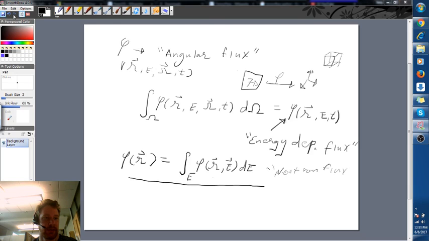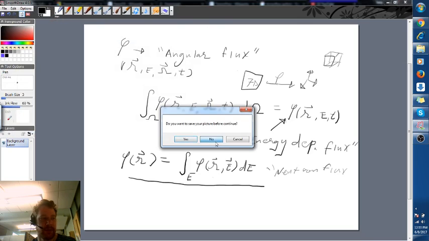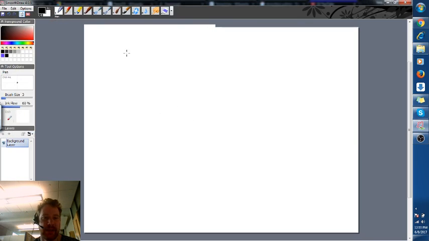There's a special case in which what we have is what's called an isotropic flux. Let me write that.